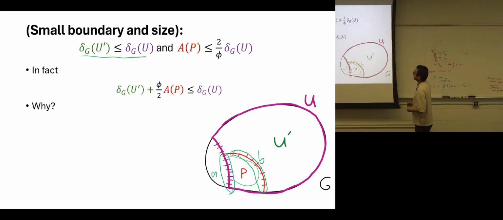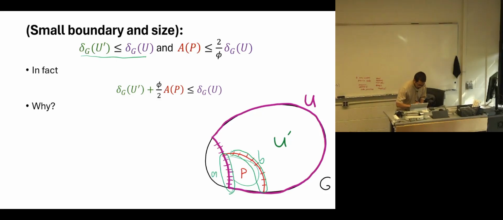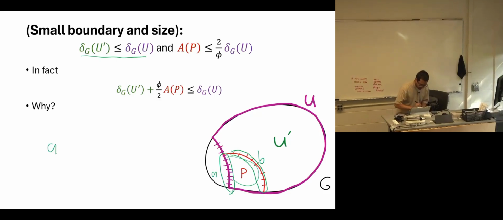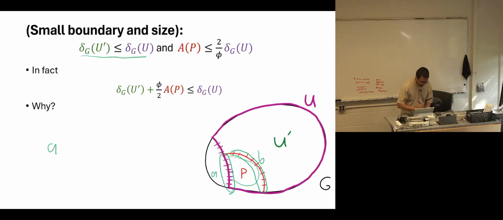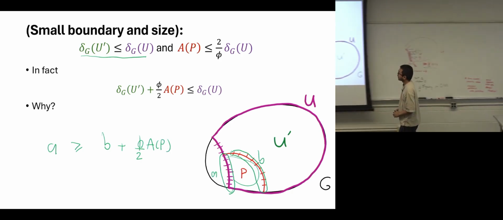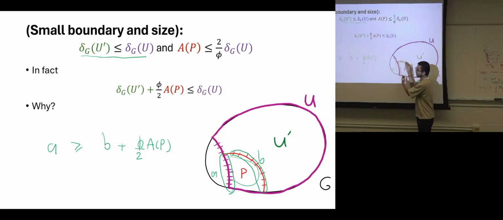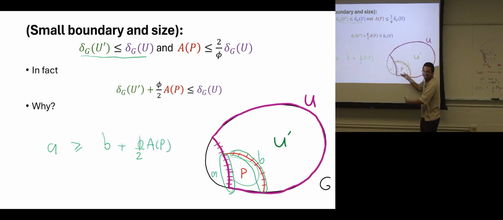But we know a bit more actually. We know that if this is A, okay, B is less than A, but this is true even when you add this much. Because we know that, consider the flow before min cut, right?